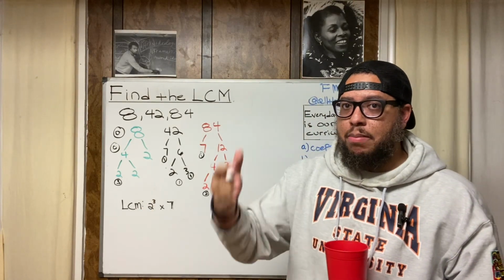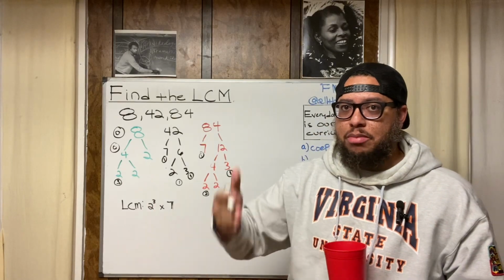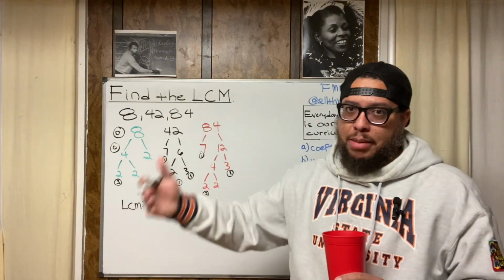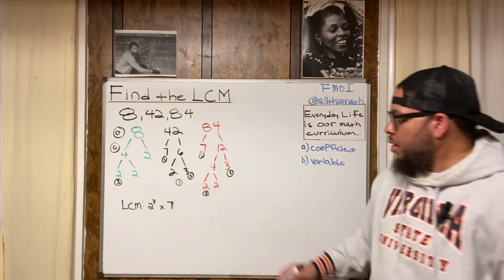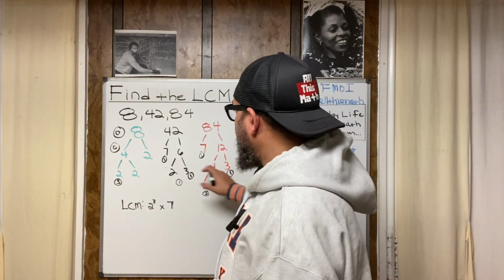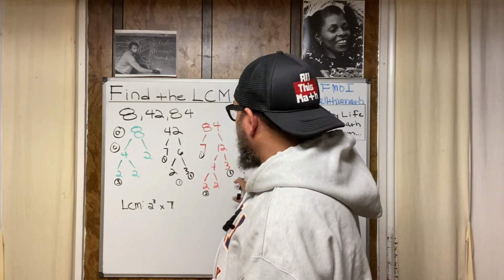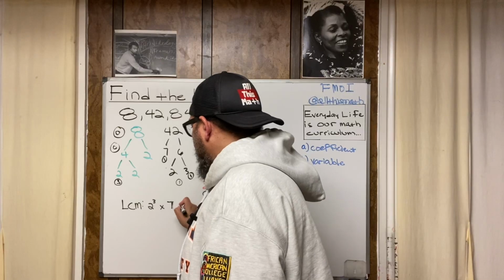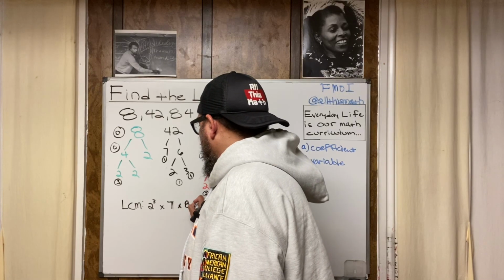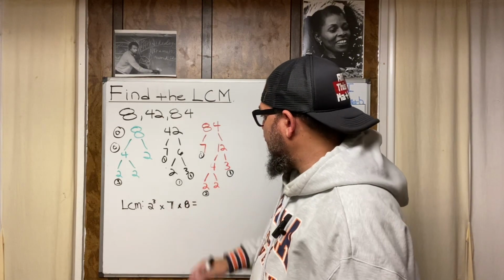You keep asking yourself that question. The maximum amount of 3s is 1, because it's 1 in 42 and 1 in 84. It's 0 in 8. 1 is bigger than 0. So that means one 3 is going to be part of our process of finding our LCM.